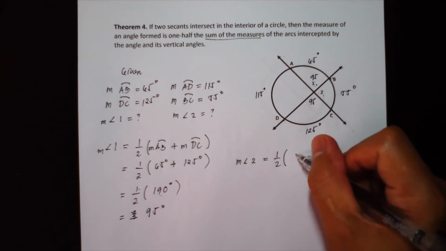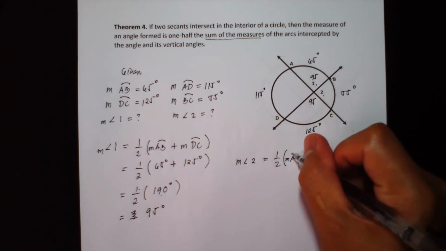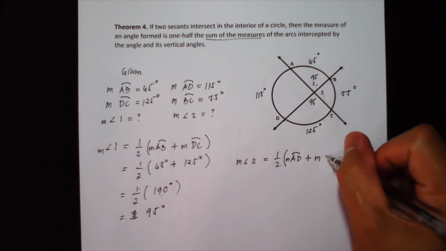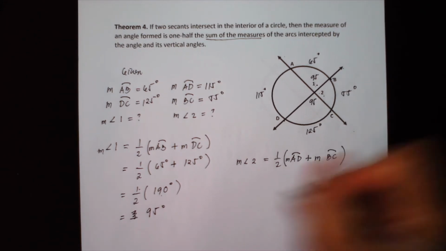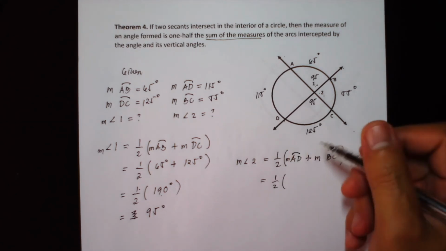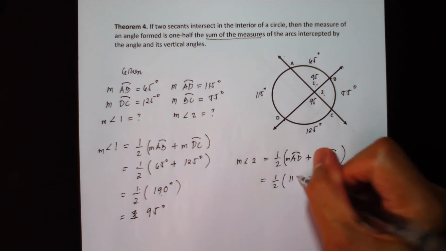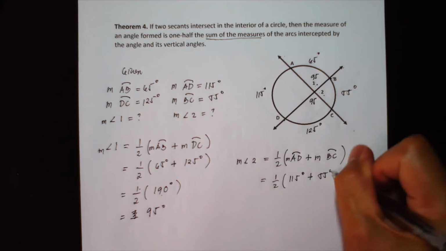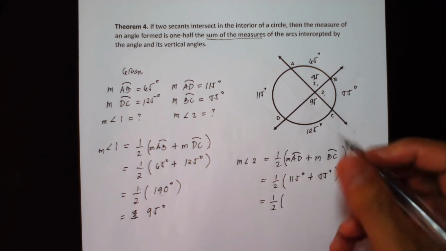So the measurement of arc AD plus the measurement of arc BC, equal to 1/2. Let us substitute: 115 degrees plus 55 degrees.